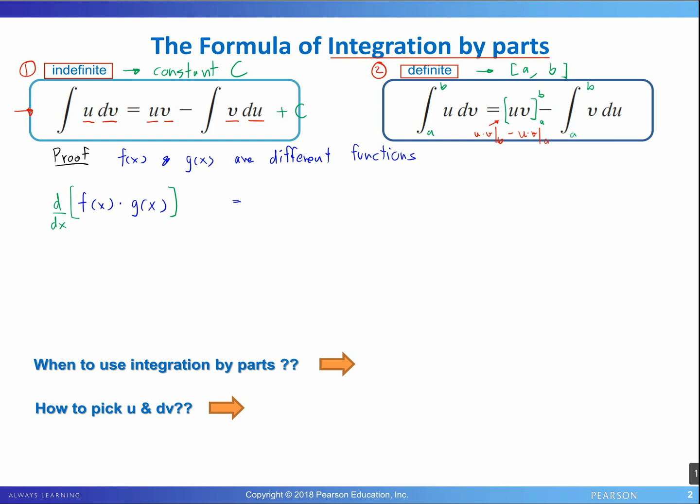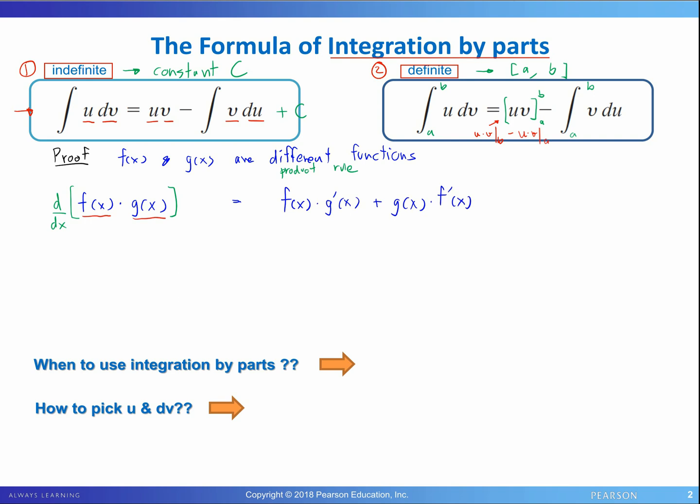To find this, we need the product rule. So let's make a note up here that we need the product rule. So it's going to be front diff back plus back diff front. So the front function is f of x and the back function is g of x. So front f of x, diff back, we have g prime of x, plus back, which is g of x, diff front, we have f prime of x.